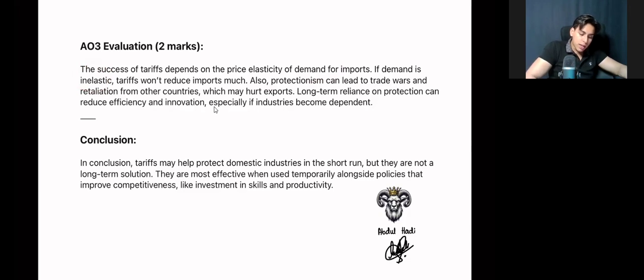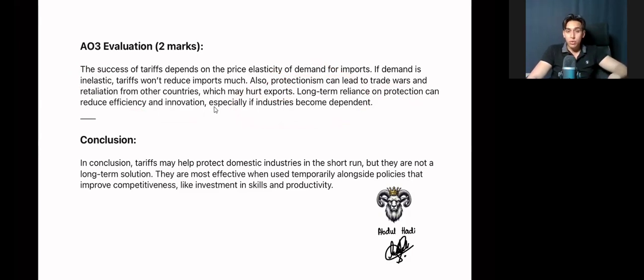Also, protectionism can lead to trade wars. There could be retaliation. There could be a fight with other countries, which may hurt our exports as well. Long term reliance on protection can reduce efficiency and innovation, especially if industries become dependent. In conclusion, tariff may help protect domestic industries, yes, but only in the short run.